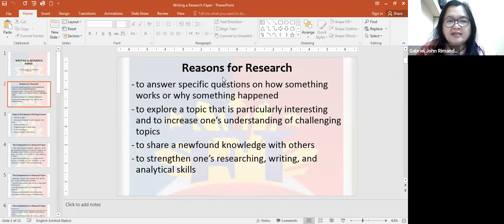Okay, let's discuss the third reason. What newfound knowledge are you going to share? As we discussed last week, conducting a research can be starting with a new or a fresh topic or making another research with past researches as our reference, right?